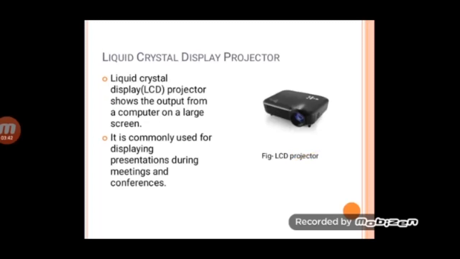Now liquid crystal display projector, that means LCD projector. The LCD projector shows the output from a computer on a large screen. See the image of the LCD projector. It is commonly used for displaying presentations during meetings and conferences.